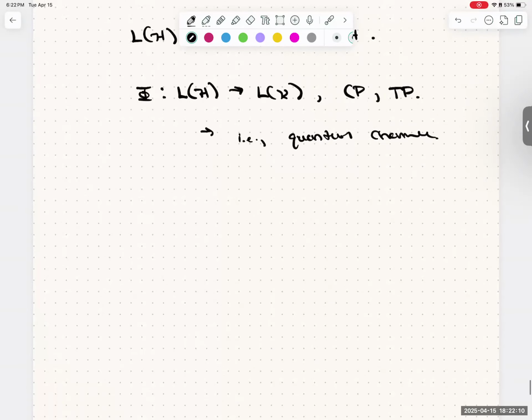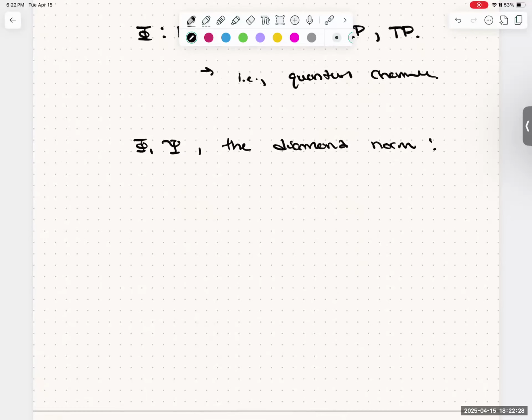And so if I'm given two channels, phi and psi, we can define the diamond norm. You can think of this more operationally as upper bounding the probability of distinguishing these channels in one shot.